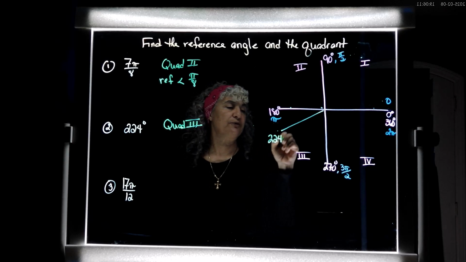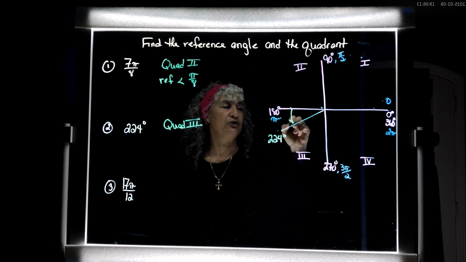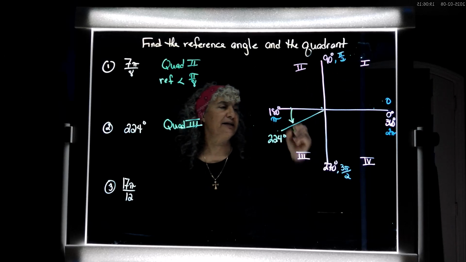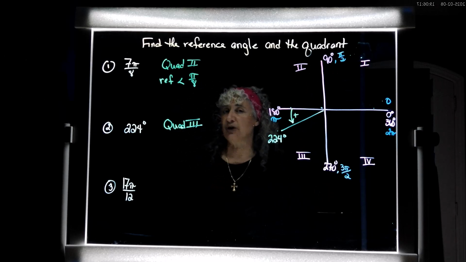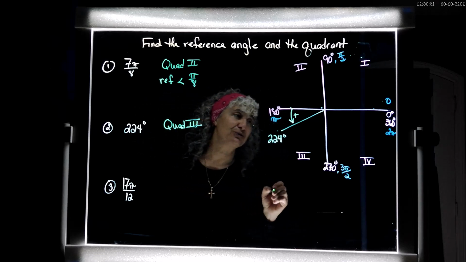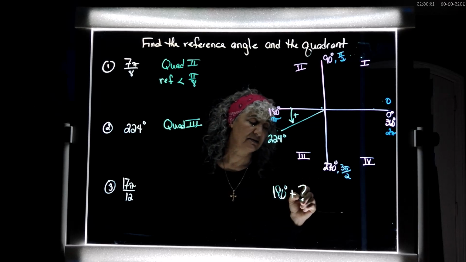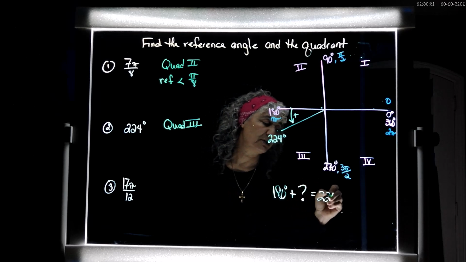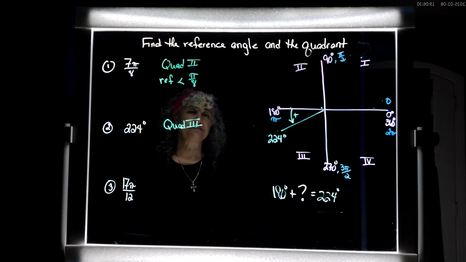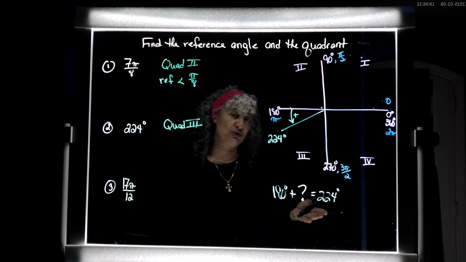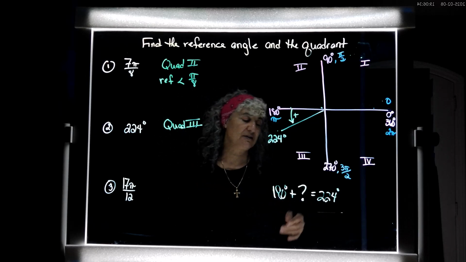So 224 degrees. And when you go in the same direction as the labeling, this is becoming an addition problem, isn't it? So, by the way, you can literally write it as 180 degrees plus what is equal to 224 degrees, right? That's a nice little equation you could set up for yourself.